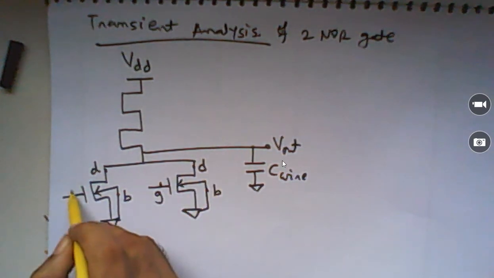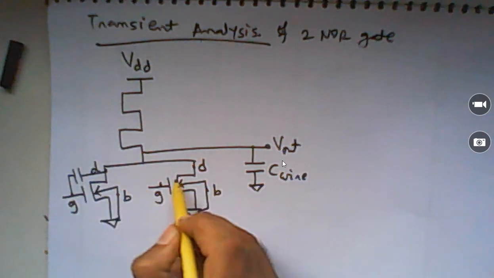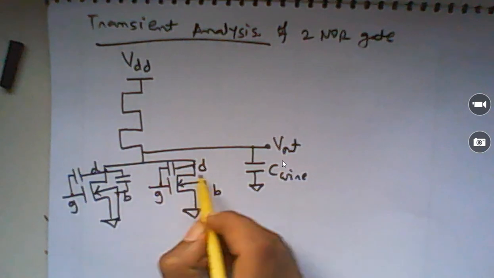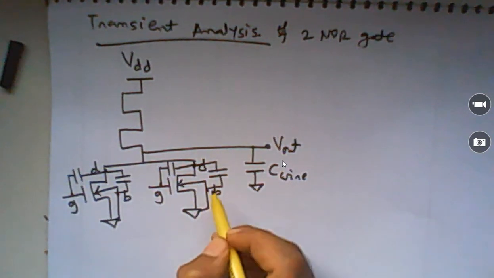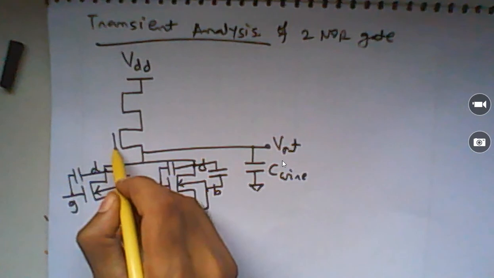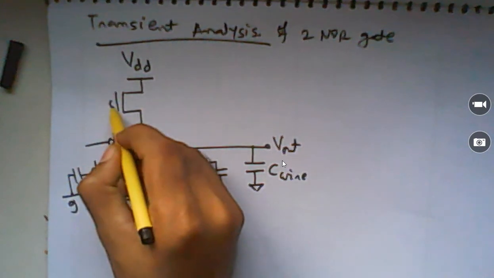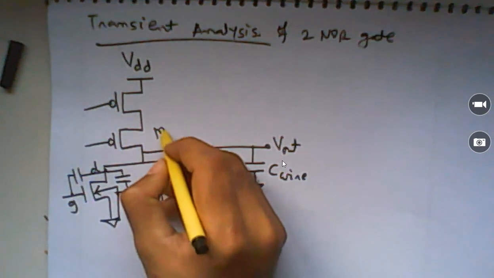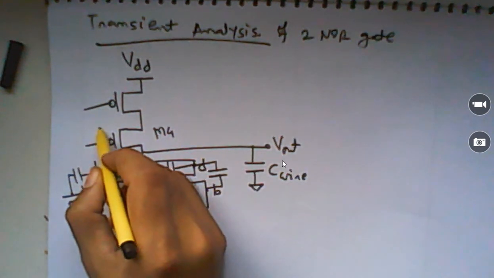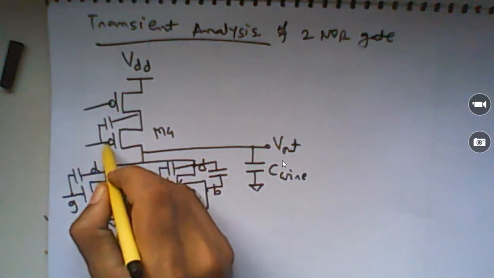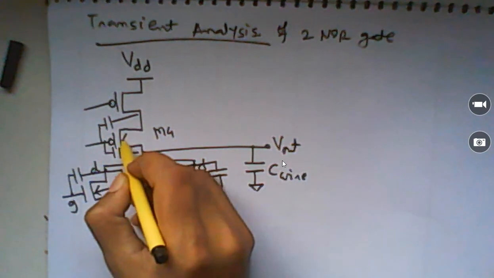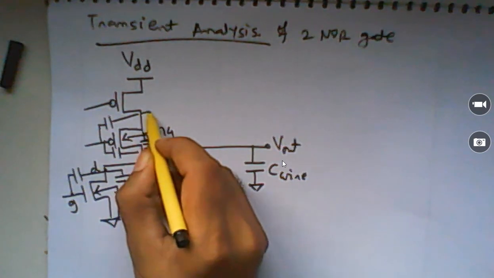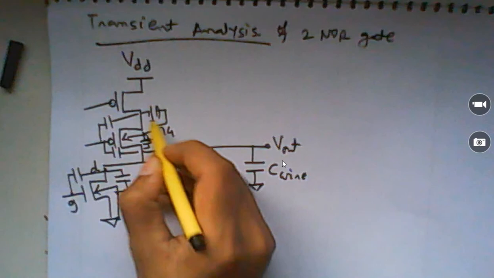So between the gate and drain, and between the drain and bulk, two capacitors of each driver MOSFET come into the picture. Similarly for the PMOS, say MOSFET 4, all four capacitors of MOSFET 4 come into the picture to find the transient response or the propagation delay.